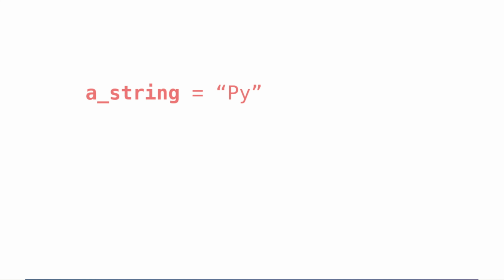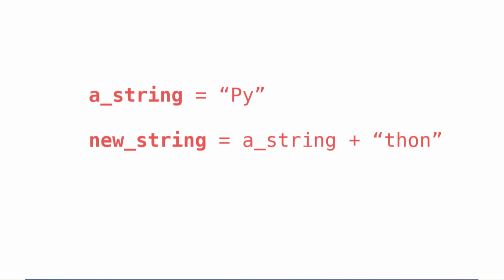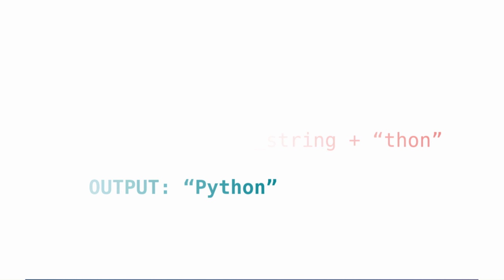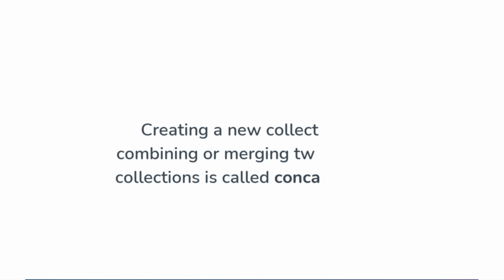If you have a string py and you add a string thon to it, by combining them, what you're doing is you are concatenating. So in programming, creating a new collection by combining or merging two or more collections is called concatenation.